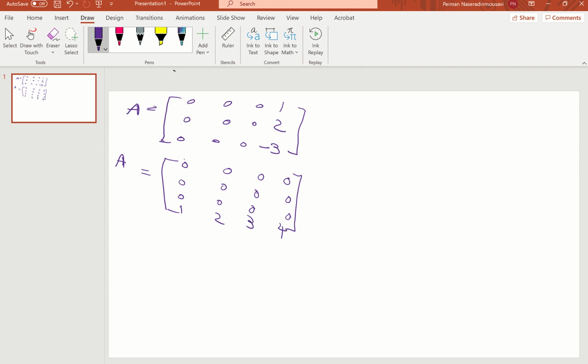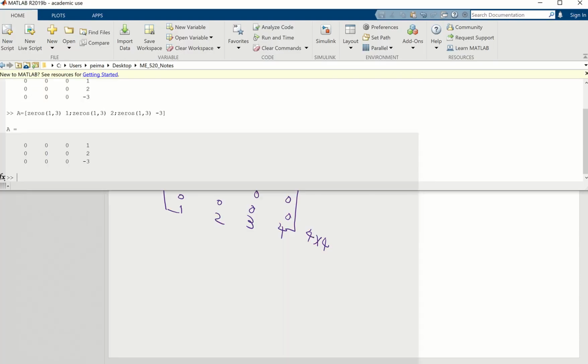This is a 4 by 4 matrix. Conventionally, you write A is equal to 0, 0, 0, 0, 0, 0, 0, 0, 0, 0, 0, 0, and the last line is 1, 2, 3, 4. That's right. This is the 4 by 4 matrix.